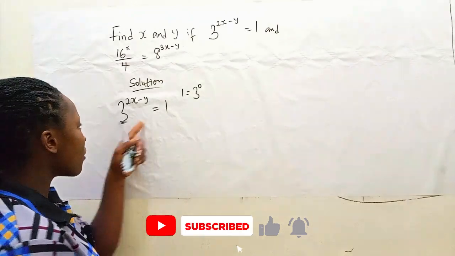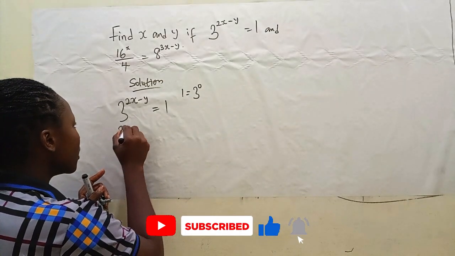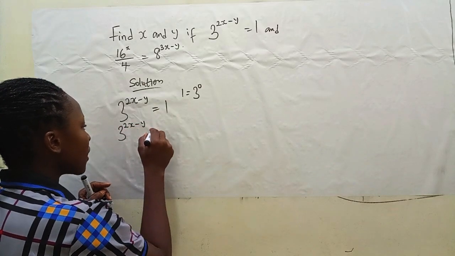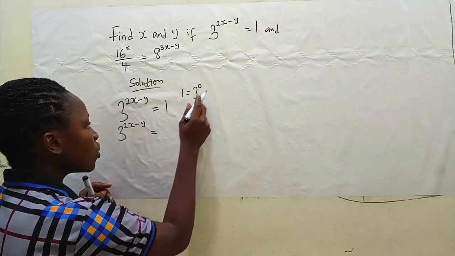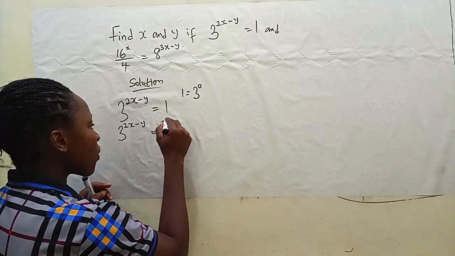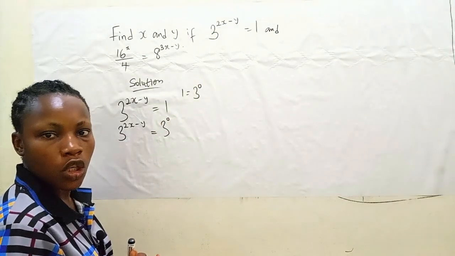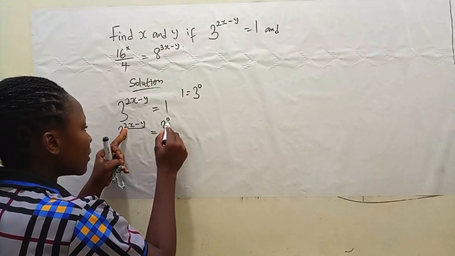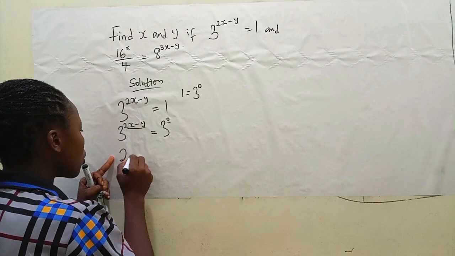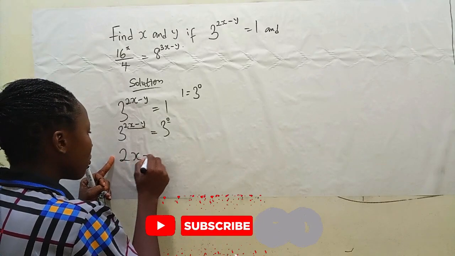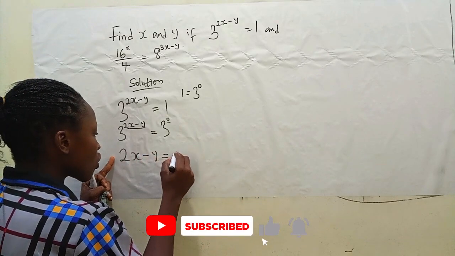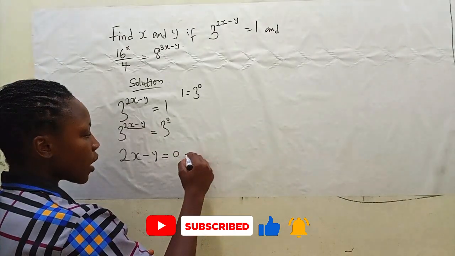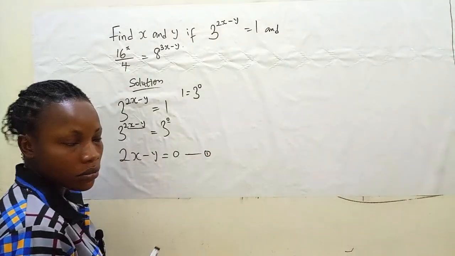So what we are going to have here is 3 raised to power 2x minus y equals to 3 raised to power 0. Alright, so we are now using this and this. So we're going to have 2x minus y equals to 0. Alright, so this will be our equation 1.